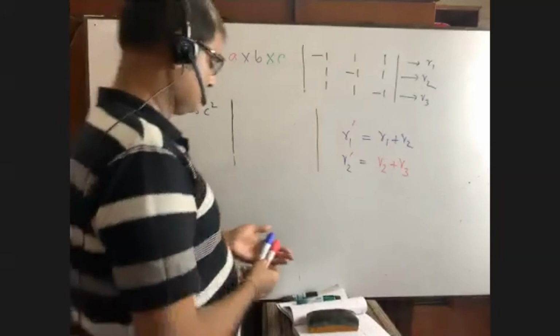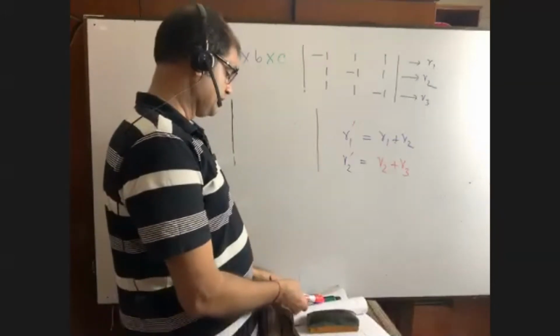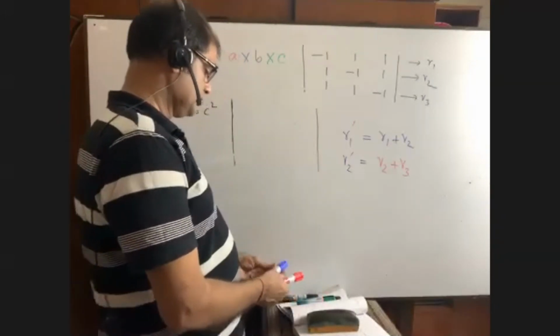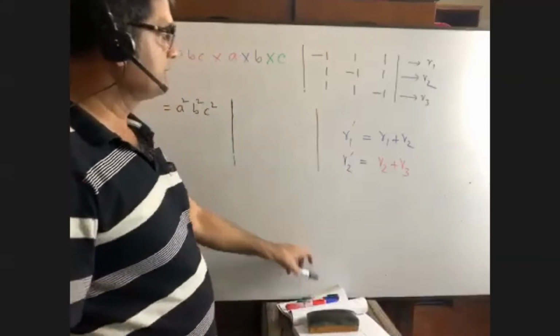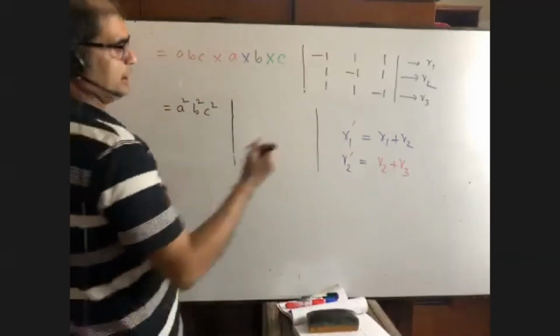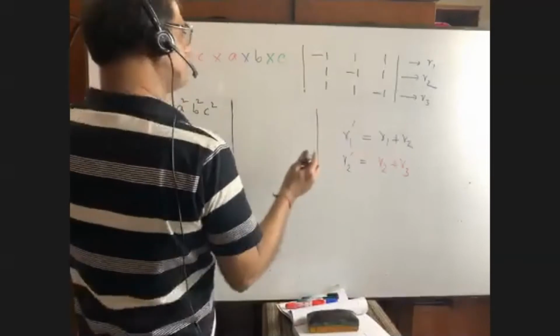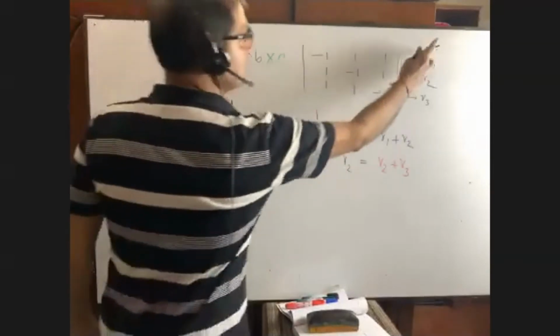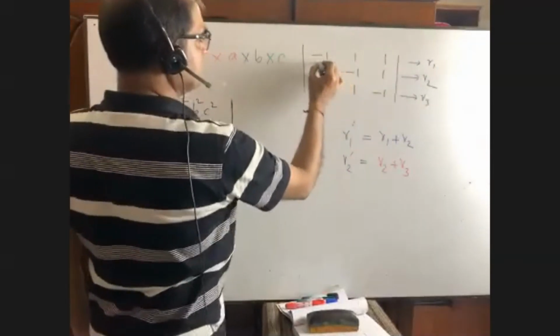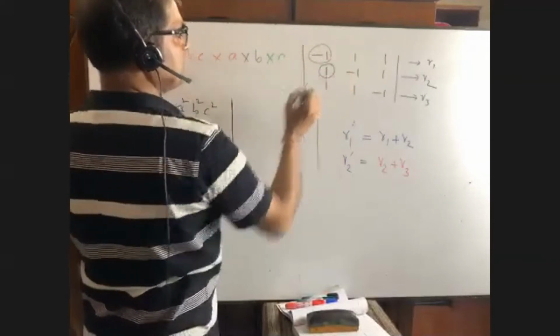Again, please pay attention. You see here what I have written: new row 1 is row 1 plus row 2. Row 1 plus row 2 means what? This is row 1, this is row 2. So we add it. This plus this equals to what? Tell me. 0.